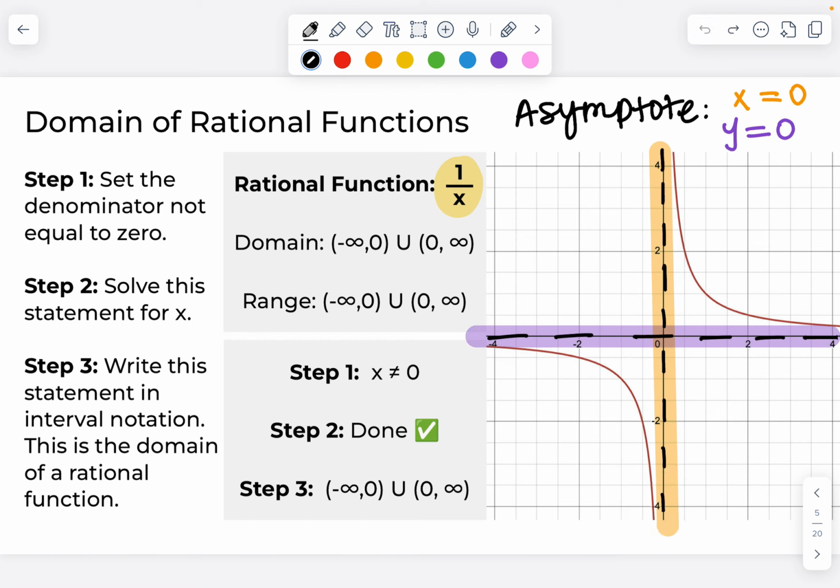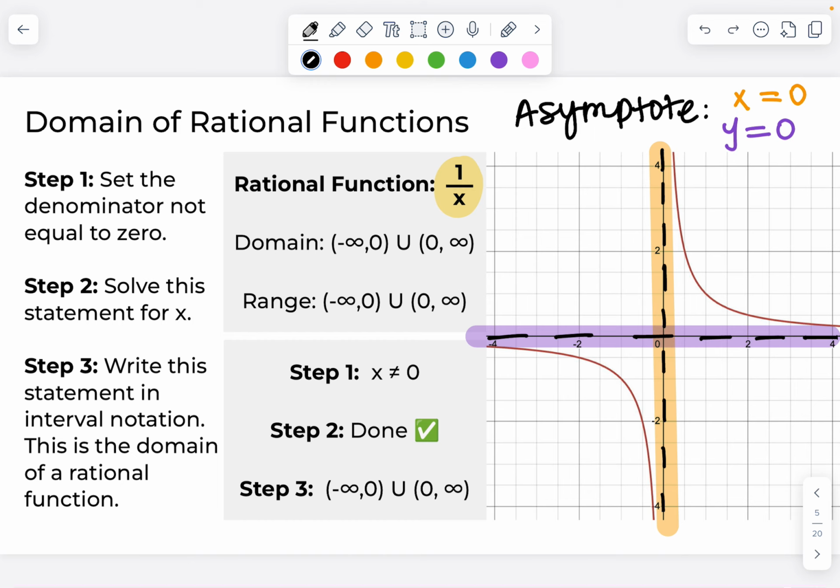So rational functions approach these asymptotes as our function goes out to negative infinity and infinity. Negative infinity is this way, infinity would be out that way. Notice we're approaching that horizontal asymptote as our function gets really small and really big.